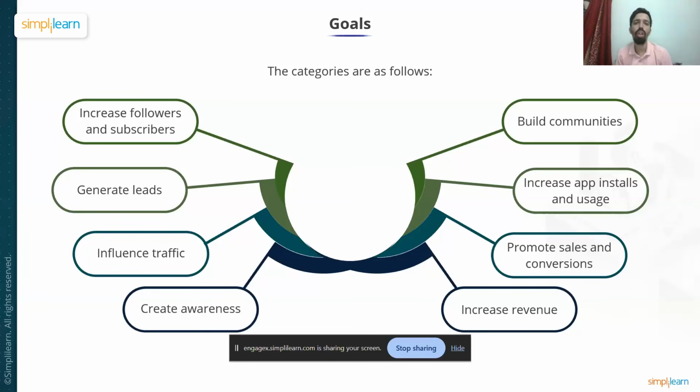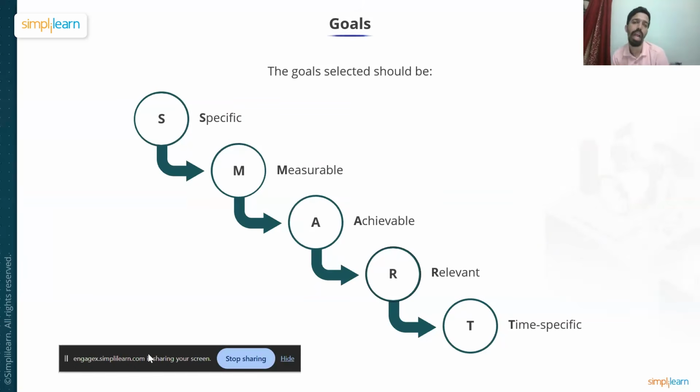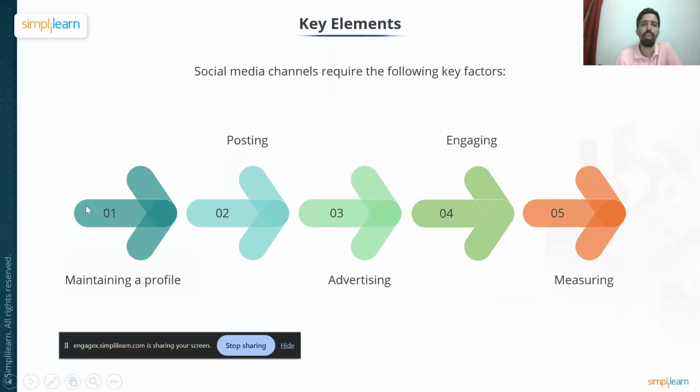And once you have all these activities done, you are going to have revenue from these social media platforms. This is a very important aspect of having a goal called SMART. S stands for specific, M stands for measurable, A stands for achievable, R stands for relevant, T stands for time specific. Key elements, if you're creating any of the social media platforms, these are the five advantages that we need to focus on. You can say key factors.